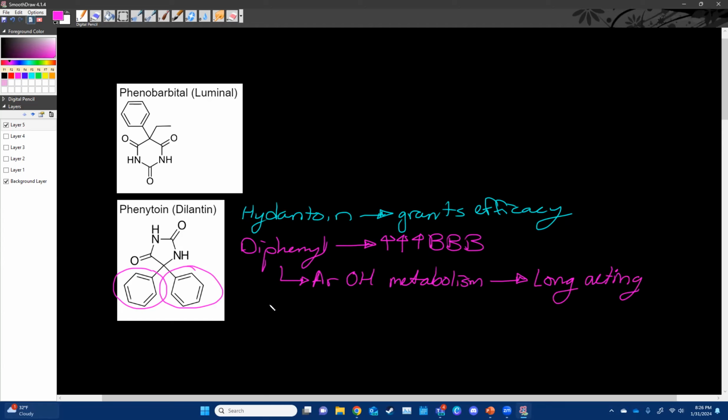The other thing to note about this is that with very lipophilic drugs, is this drug going to be able to dissolve into the blood very easily, which is very hydrophilic? No. So what does the body use in order to help transport lipophilic drugs?